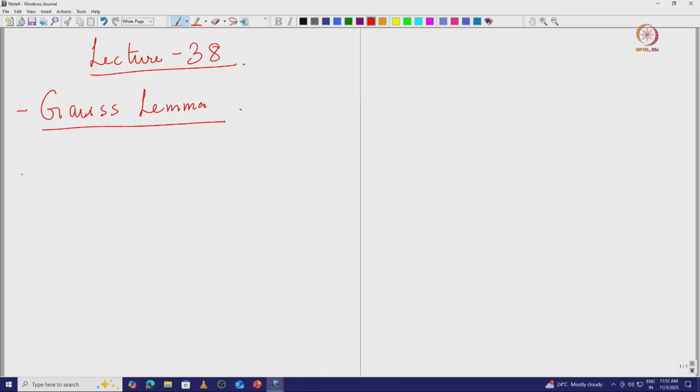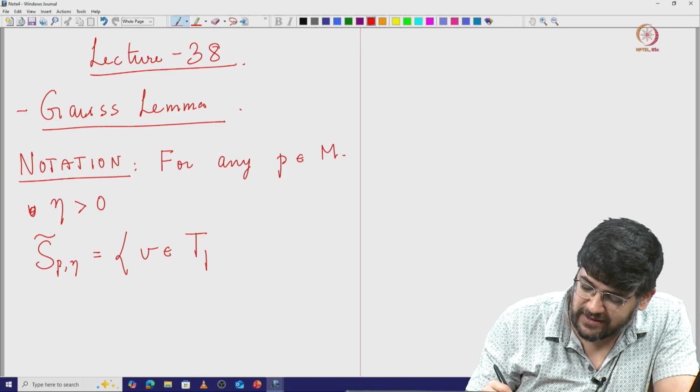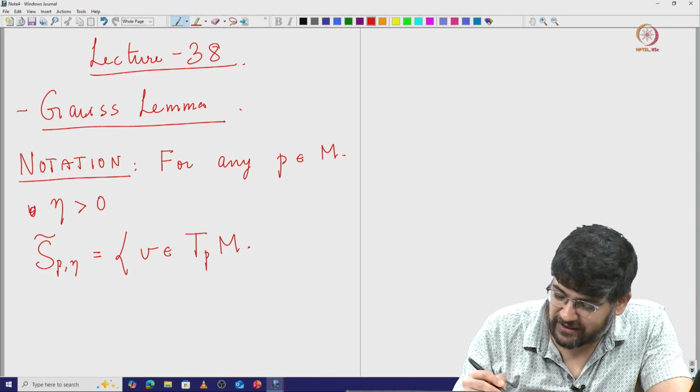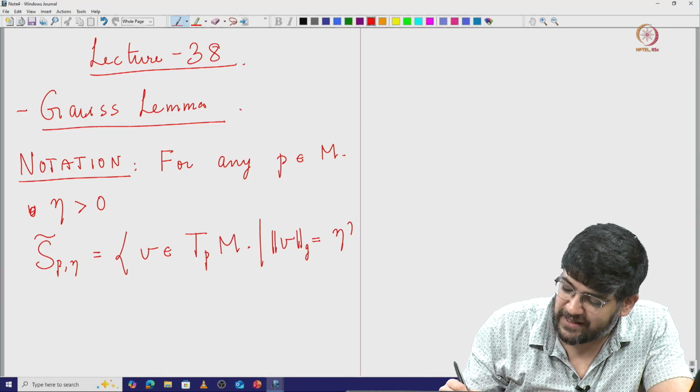Alright, so some notation here. For any P in M and any eta positive, we will denote by S_P eta tilde the set of all tangent vectors at P whose norm, of course computed with respect to the Riemannian metric, is exactly eta.